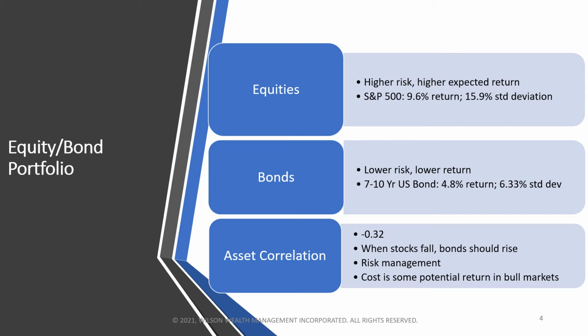If the US stock market falls, you should expect US bonds to increase in value. It's a risk management technique. In some ways, you're hedging your equities with the bonds.